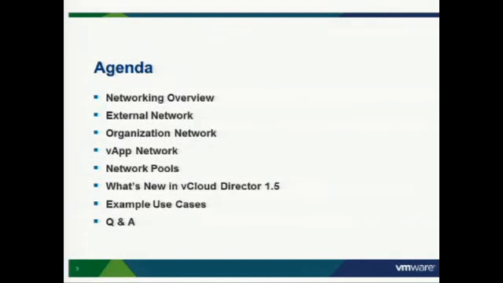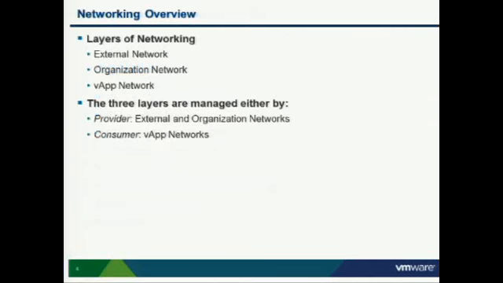So, starting with vCloud networking. There's basically three different levels of networking. You have external networks, you have organization networks, and you have vApp networks. Those are the only three things you're really concerned about inside of Cloud Director. The first two, an external network and an organization network, are set up and controlled by providers.